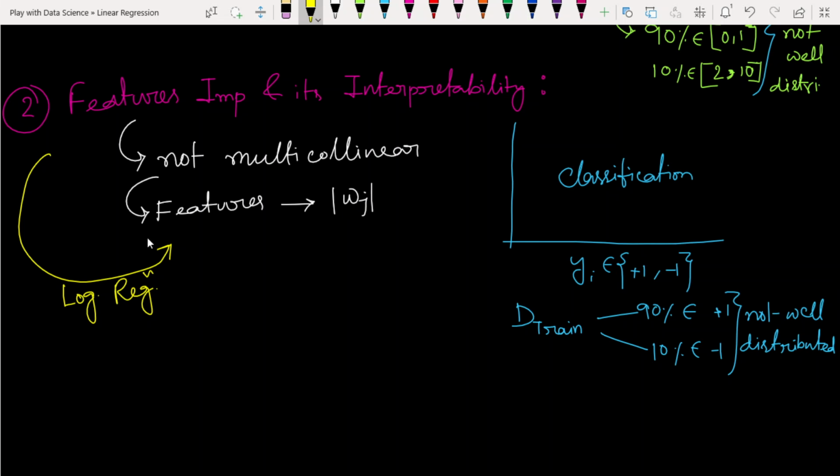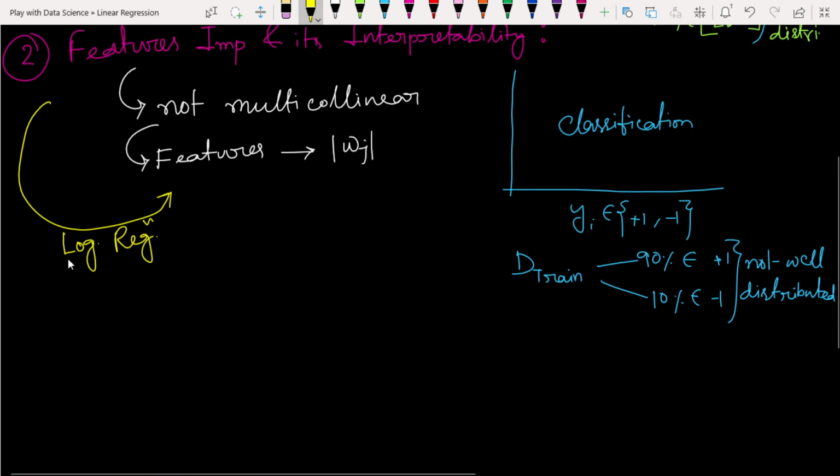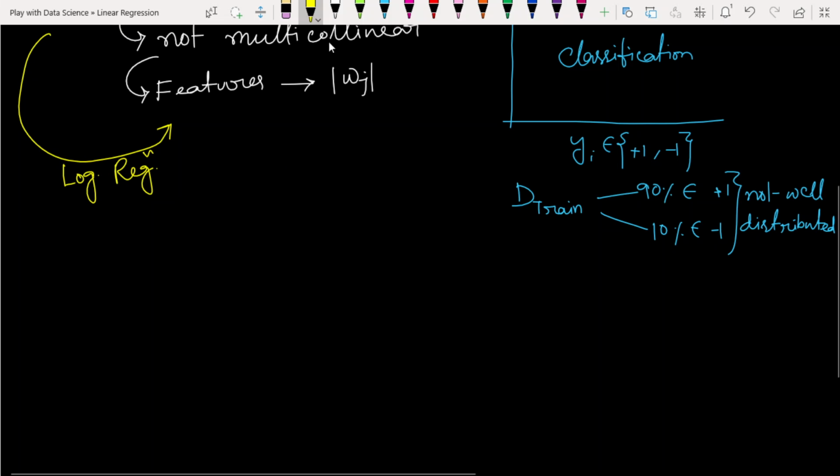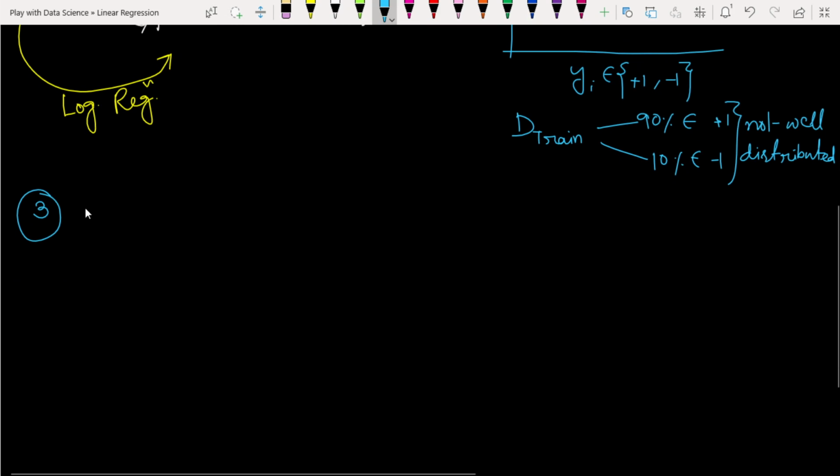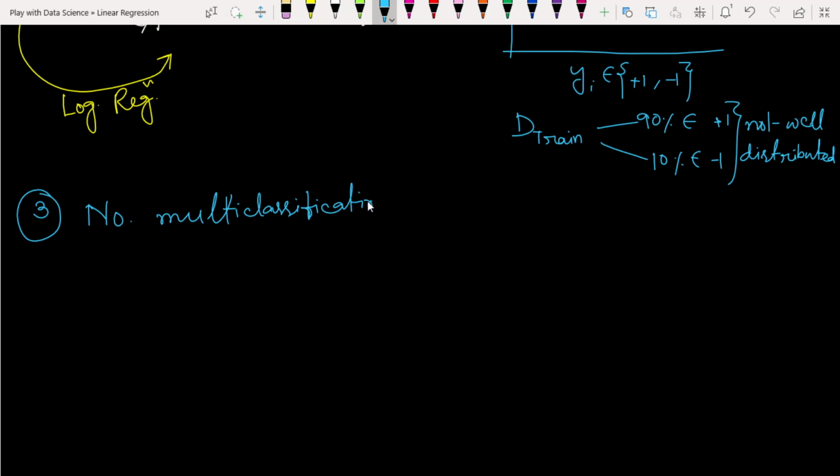So now coming to the concept of multi-class classification. Case 3. It is a simple regression technique, so multi-class classification is not used here.